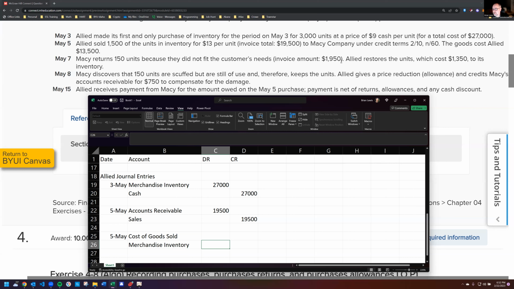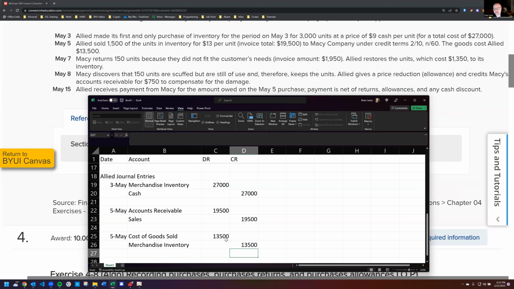Under cost, the goods cost Allied 13,500. And you can actually do the math on this as well just to verify it. They sold 1,500 units, 1,500 times what's their cost. They paid $9 a piece. It should match. Voila, it does.